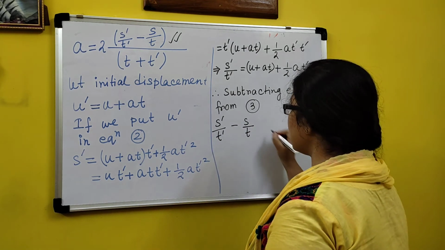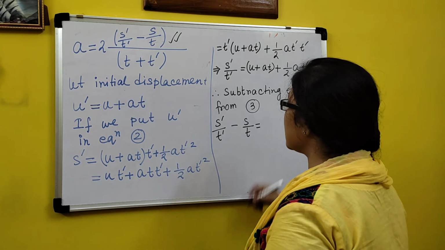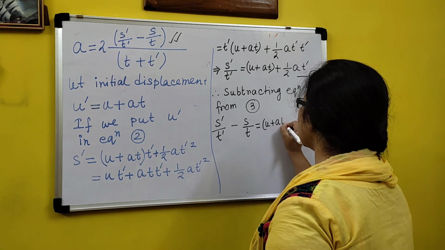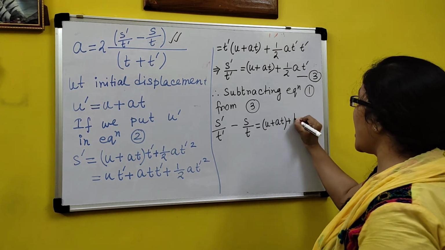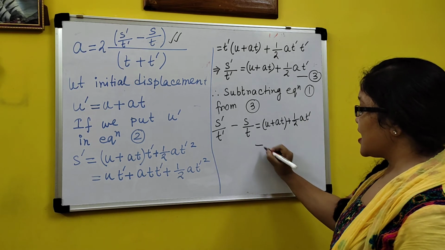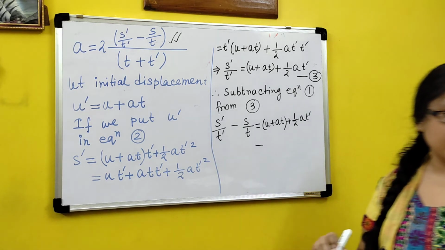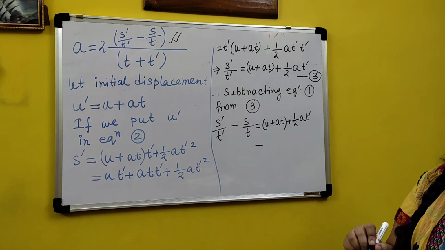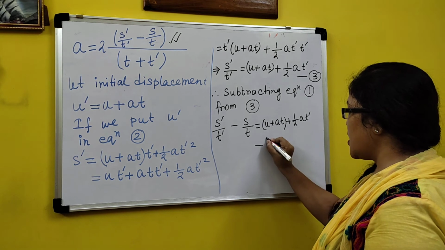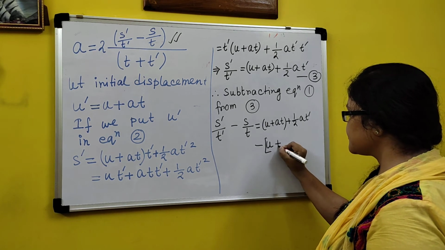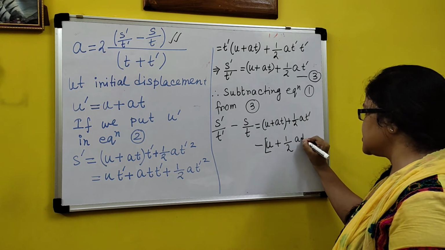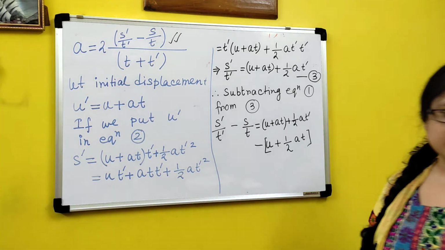S prime by t prime minus s by t will be giving me that whole, that is u plus at plus half a t prime, minus s by t, which means that will be u, only u, plus half at, yes, u plus half at, that is my expression.